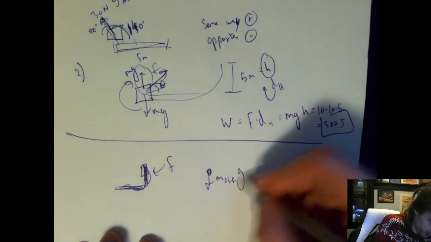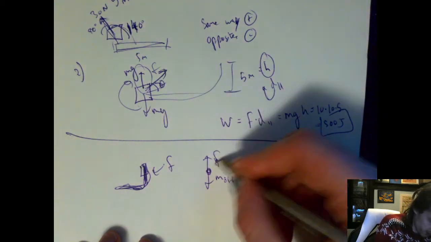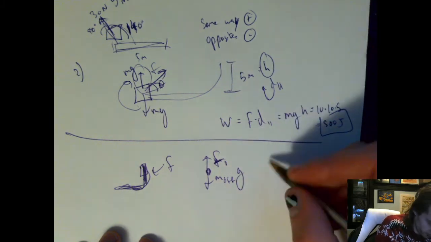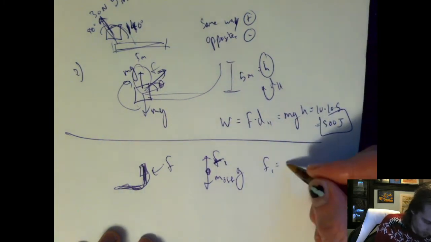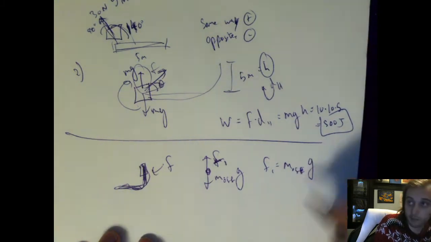So the mass that's off the table times g. We'll need to pull it up with the same amount of force. So F1 will need to equal the mass that's off the table times g.